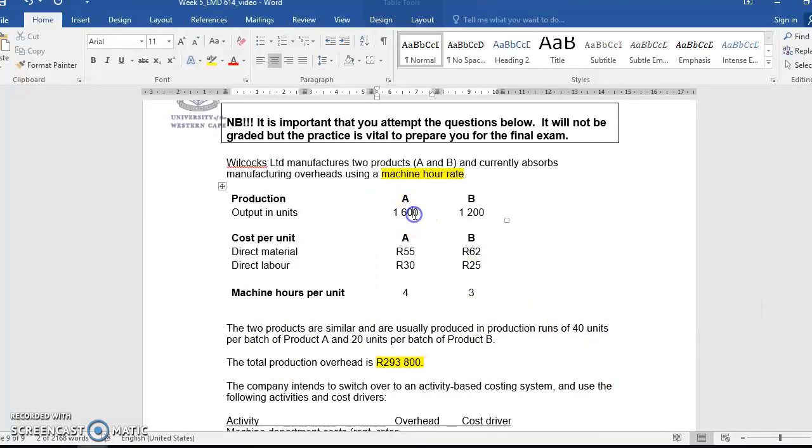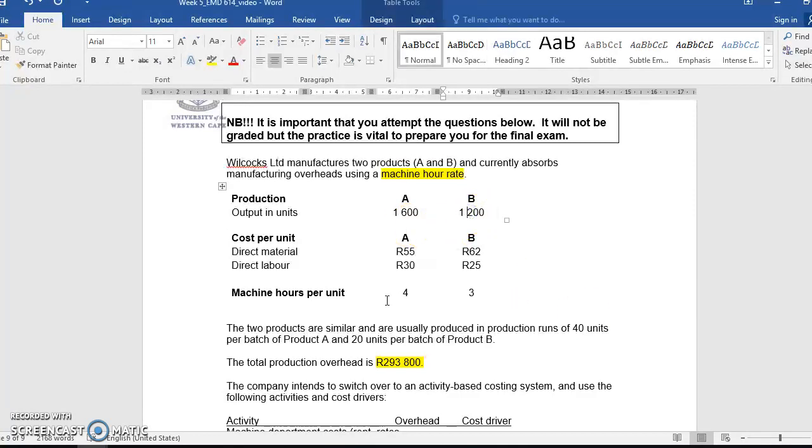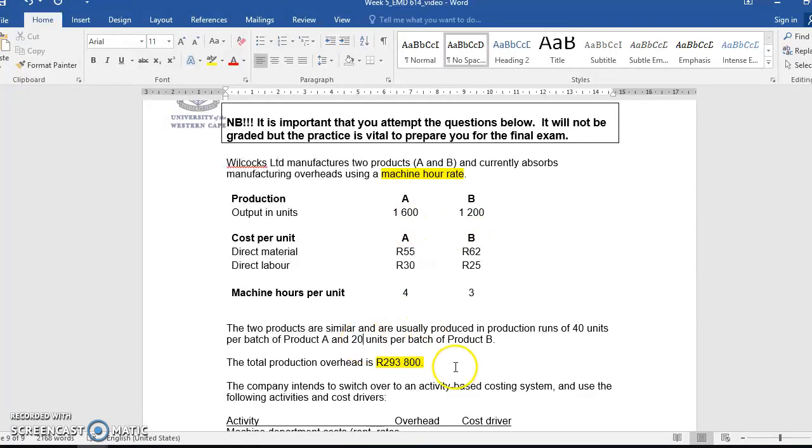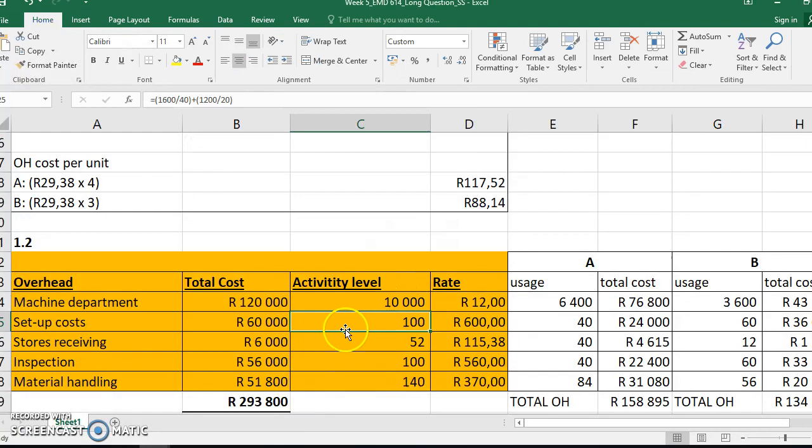So if I produce 1,600 units divided by 40, that will be 40 runs, and if I take 1,200 units divided by 20 units, that will be 60 runs. So I have 60 plus 40, which gives you 100. As you can see, there's the formula: 1,600 units divided by 40 units per run gives you 40 runs, and 1,200 divided by 20 units per run gives you 60 runs, and 60 plus 40 is 100 runs.